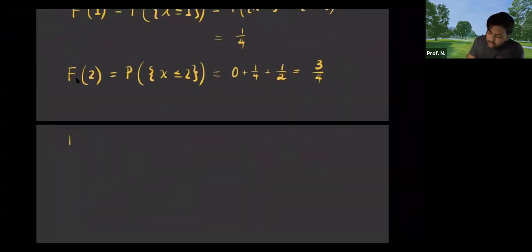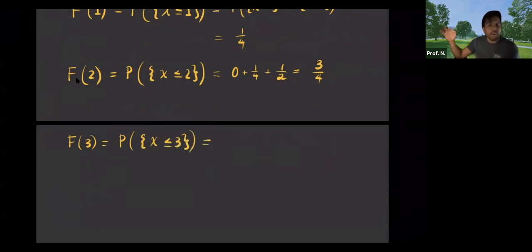And then F of 3 is the probability that my random variable is less than or equal to 3. So I'm going to add up all the probabilities for when x equals 3 and when x is less than 3. So that's going to be the probability of 0 plus the probability of 1 plus the probability of 2 plus the probability of 3.